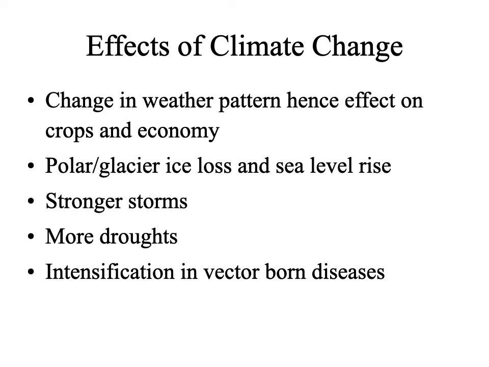Next could be loss of ice from the glaciers and poles, and this could again give rise to the sea level. Glacier ice loss is again a major problem in India because a huge population is dependent on the rivers which are flowing around.